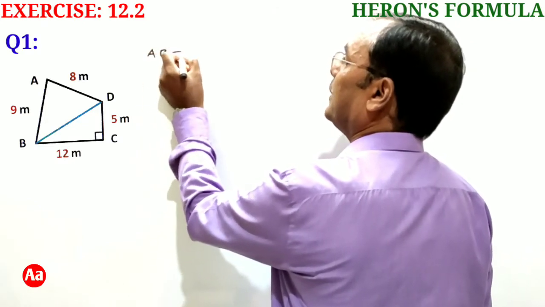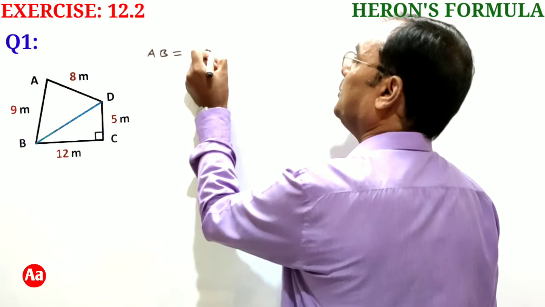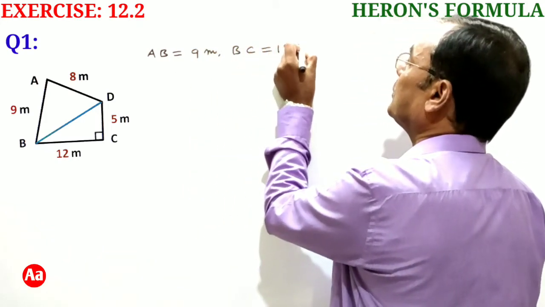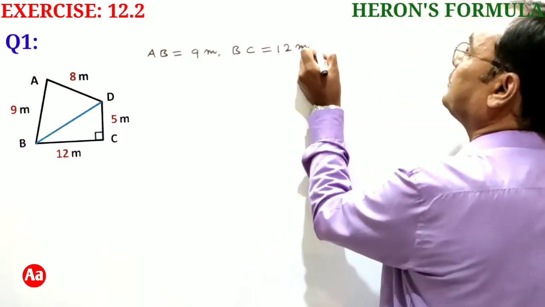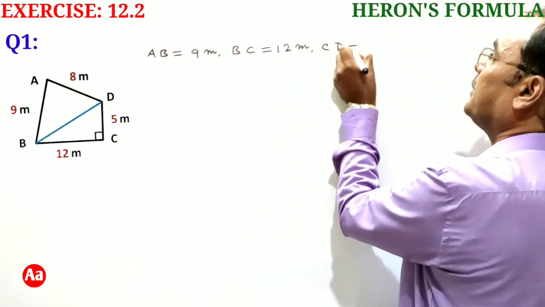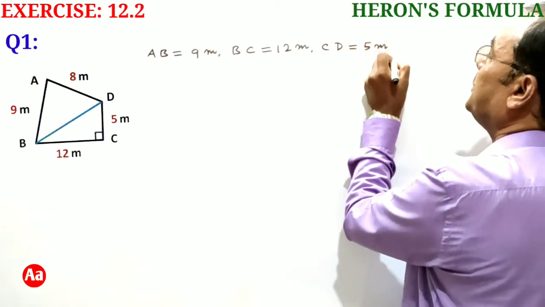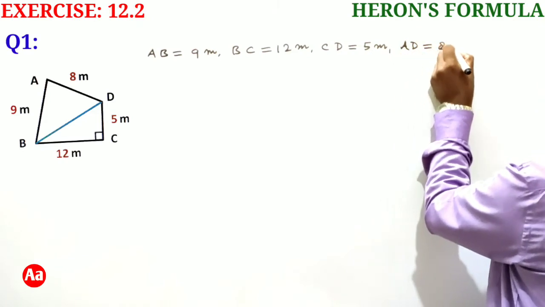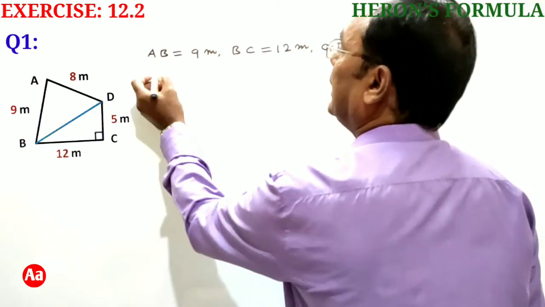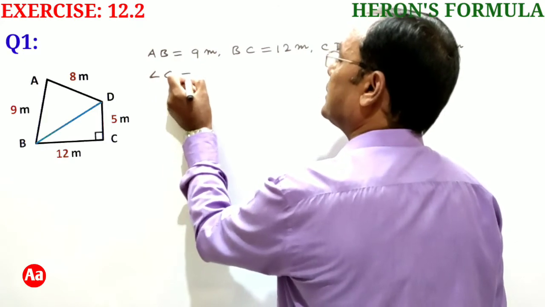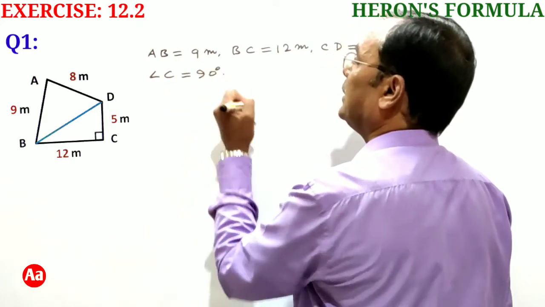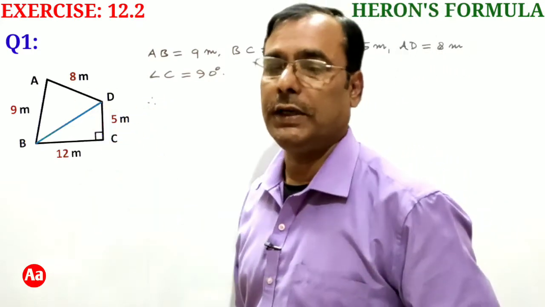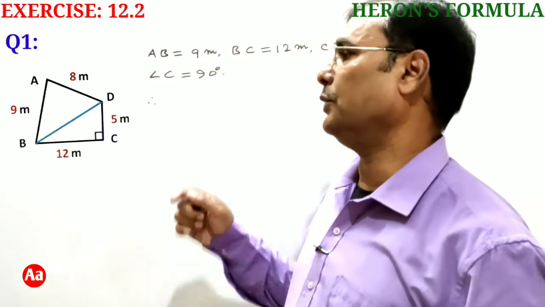AB given 9 meter, side BC given 12 meter, CD given 5 meter and AD given 8 meter. Angle C is given 90 degree. So therefore length of BD we can calculate using Pythagoras theorem.